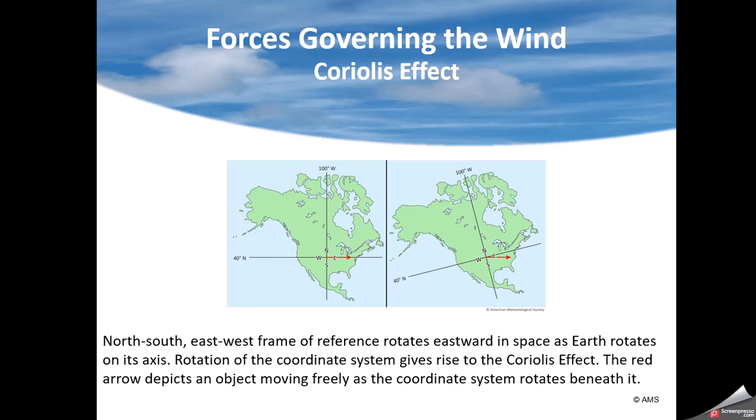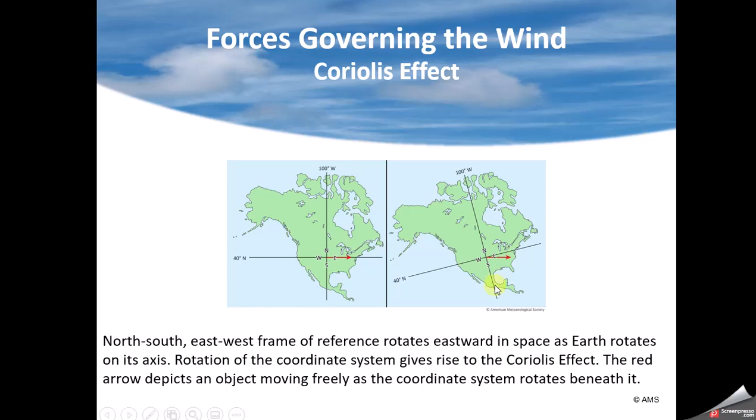There's another force. Because the Earth rotates, we have the Coriolis effect. So let's take a look at that a minute here in the US. Say you have an object that's right here at that moment in time. The Earth rotates from the west to the east.